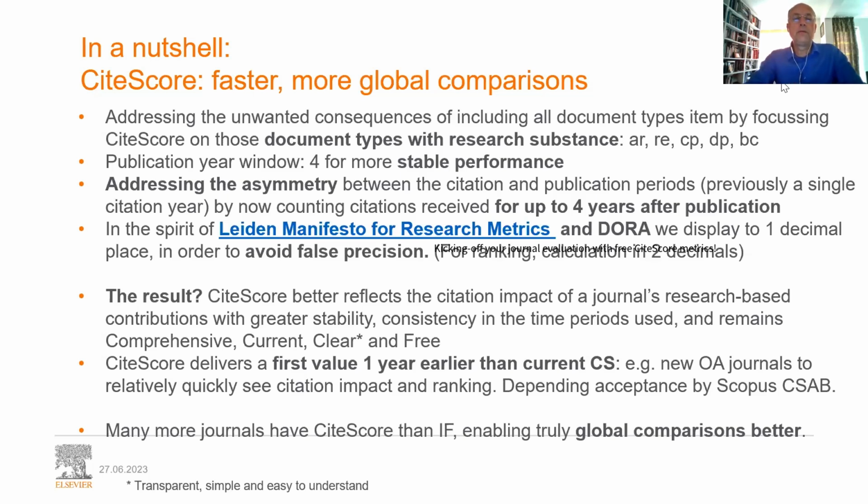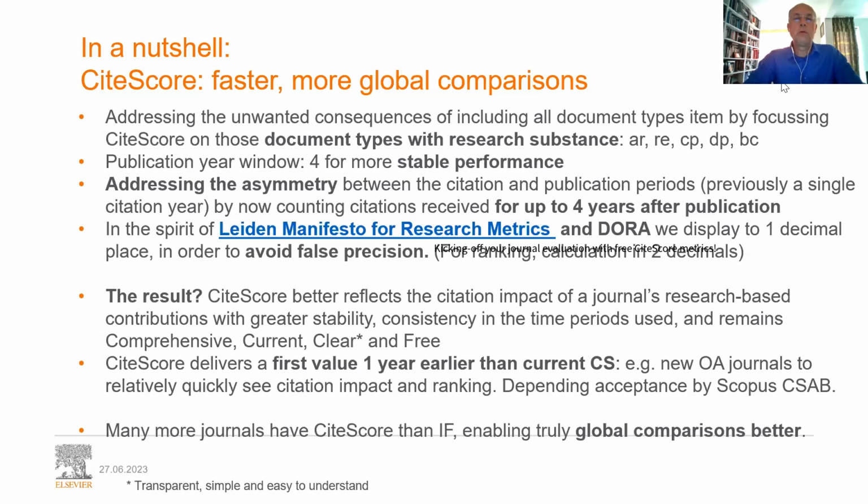And from the feedback from especially bibliometricians, we also addressed the old asymmetry in the numerator and denominator of the calculation. Historically, you see in many cases 1 year of citations divided by 2, 3, or more years of publications.